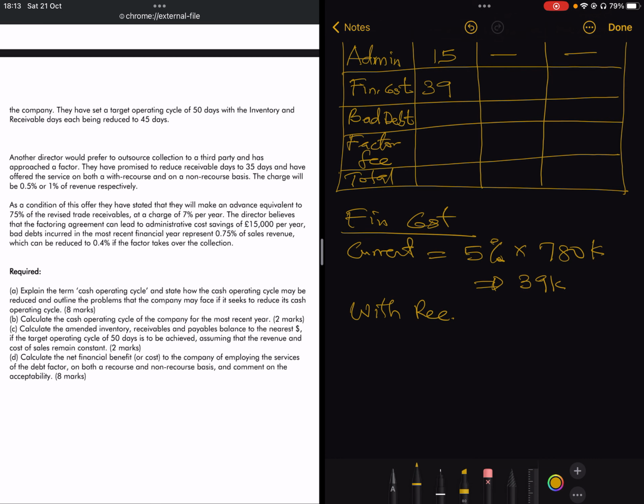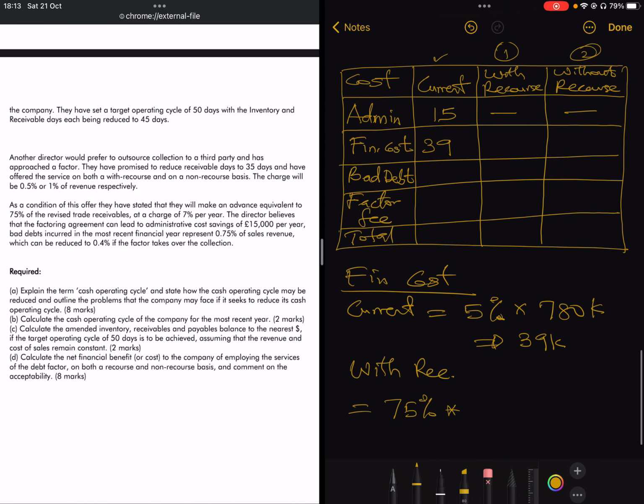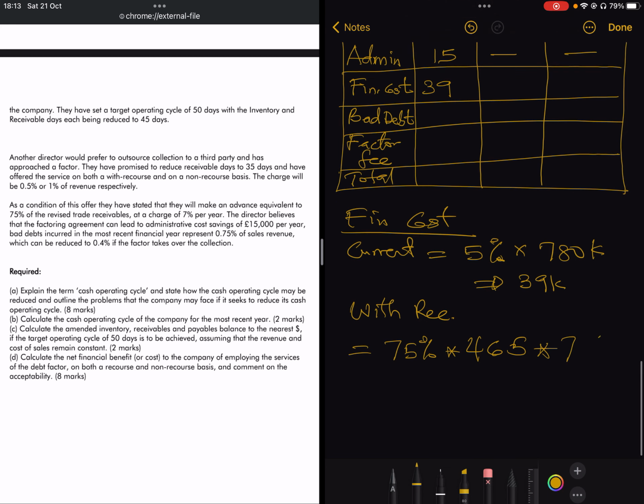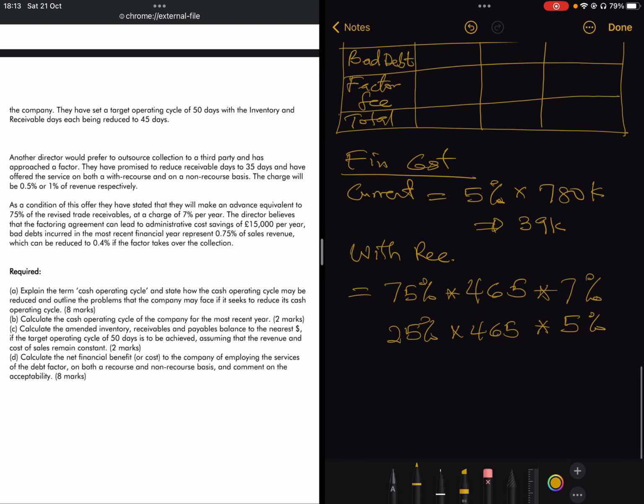So it means that we're going to have 75% of our trade receivable revised, which is times 465, being financed at 7%, and 25% of that revised AR will be financed at our normal rate from the bank, 5%. We add all of this together, so that will give us 30.23k.